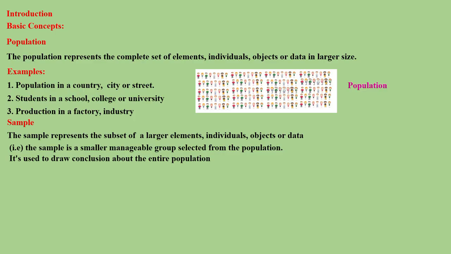From that you can conclude that Indians celebrate this festival, their attitude and activities are like this, their food habits are like this. We can represent the total population based on the sample population.